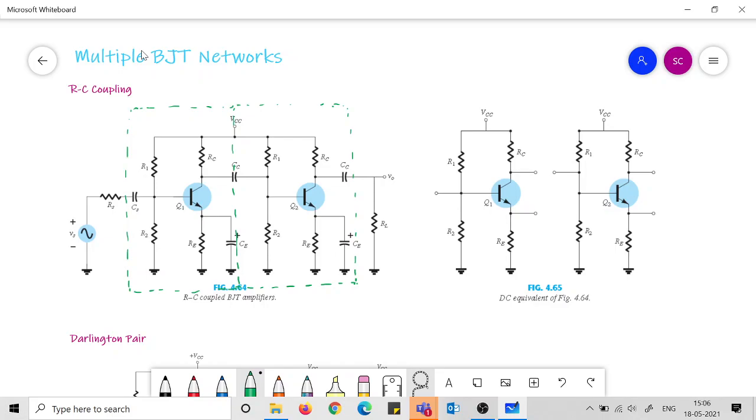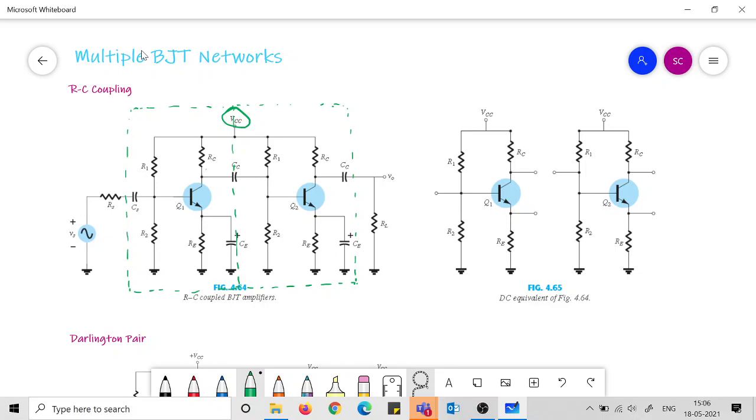So we don't have two different voltage sources in this network, but a single same voltage source VCC is used, and these are joined together. So you see the output side, which is the output side of the first voltage divider network. So this point, the VC point, is connected to the VB point.